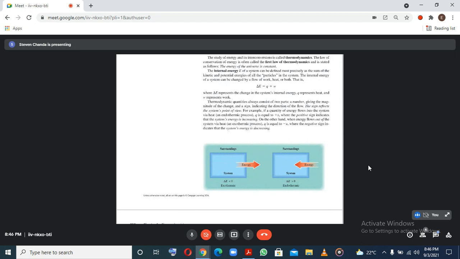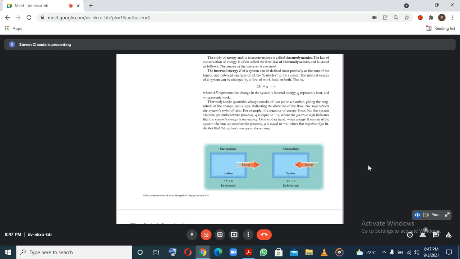The system has gained energy. So the positive sign indicates that the system's energy is increasing. But if energy flows out of the system via an exothermic process, then Q is going to be minus X, where the negative sign says the system's energy has decreased.